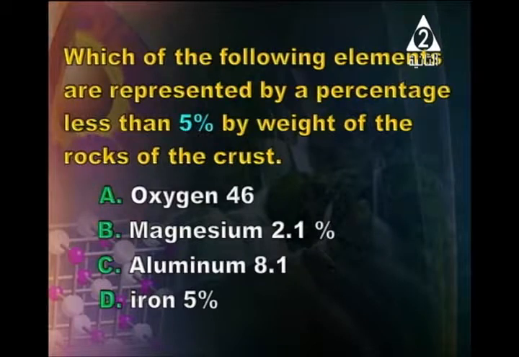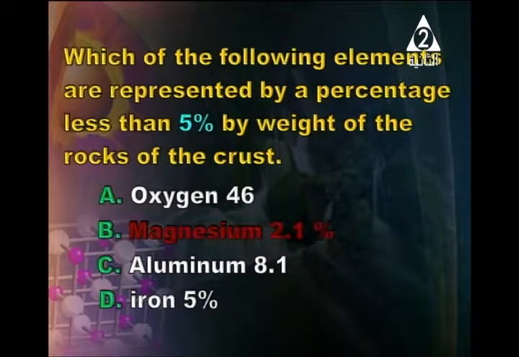As you know, oxygen is only 46%, magnesium is 2.1%, aluminum is 8.1%, and iron is 5%. So the right answer here is B. Magnesium is 2.1%, which is less than 5% of the weight of the rocks of the crust.